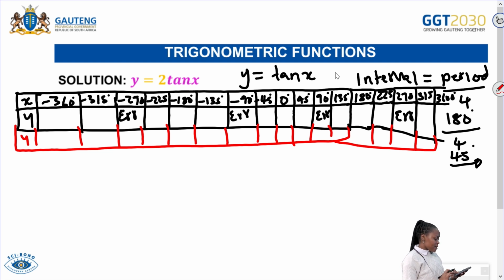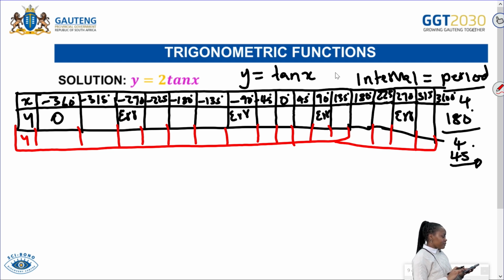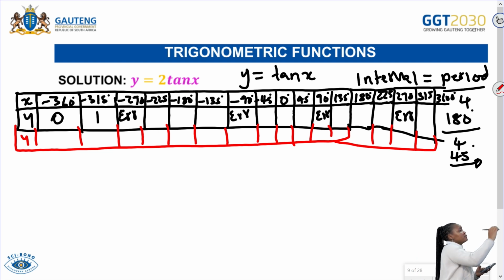You'll substitute tan negative 360, you'll get 0 degrees. And then at negative 315, you'll get positive 1, and then you'll have math error. Then at negative 225, you'll get negative 1, then you'll get 0, then you'll get positive 1, then you have math error.